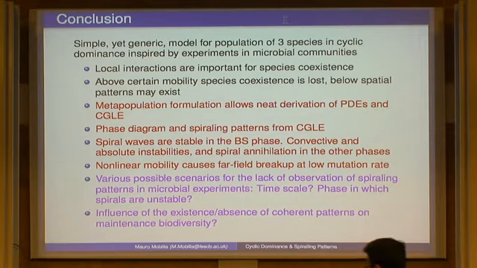We have seen interesting phenomena like far field breakup, both in the [unclear] phase and due to mobility, high dominance rate, and this gives us a good description of what happens in the model.